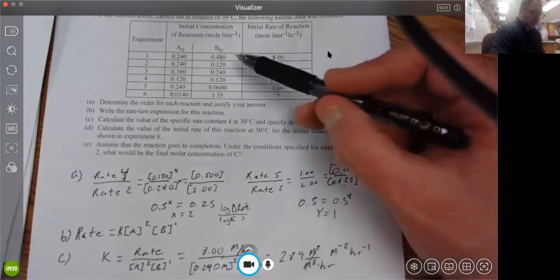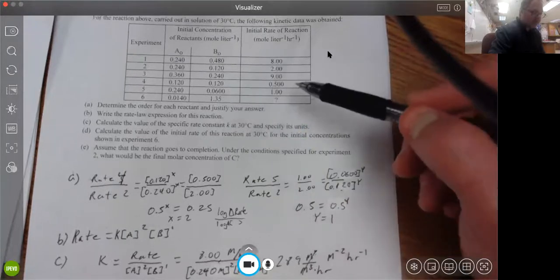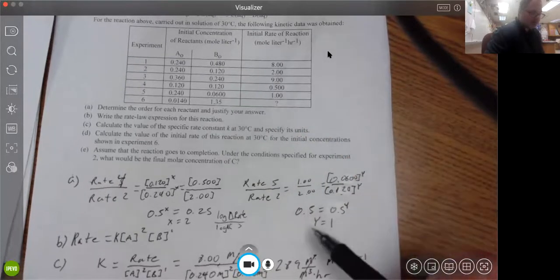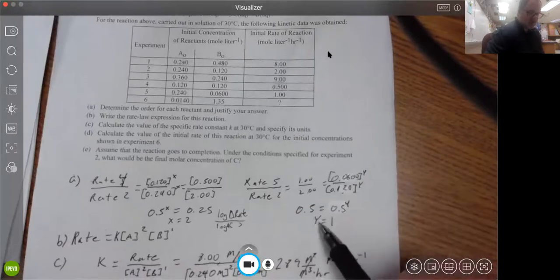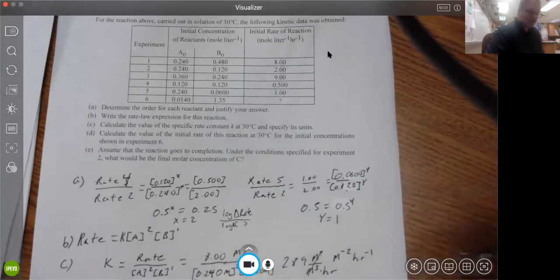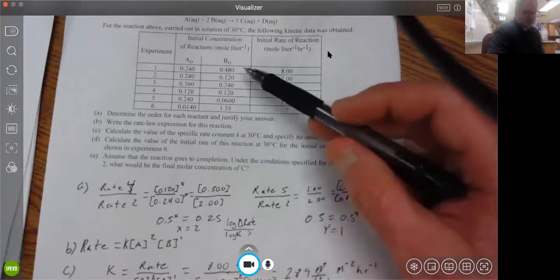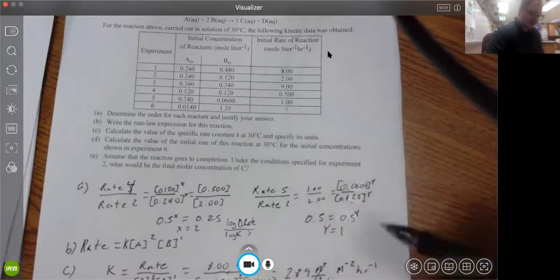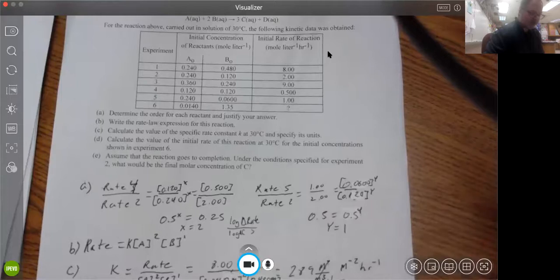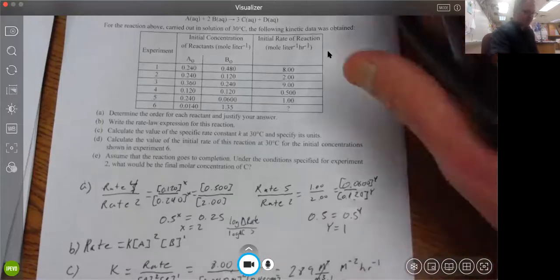If we take 0.12 divided by 0.06 and 2 divided by 1, we're going to get 2 for both of those. So we're going to get y equals 1. Or if you do it my way instead, the harder way, but you have the calculator, you get 0.5 equals 0.5. So that's first order for y.